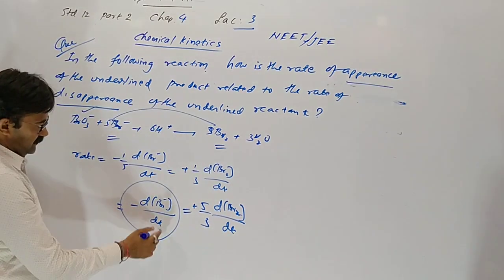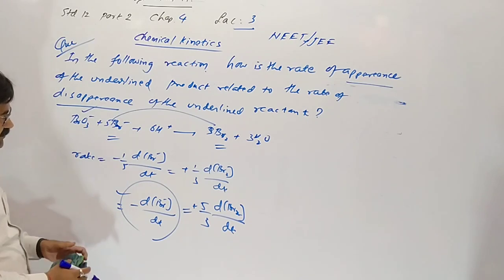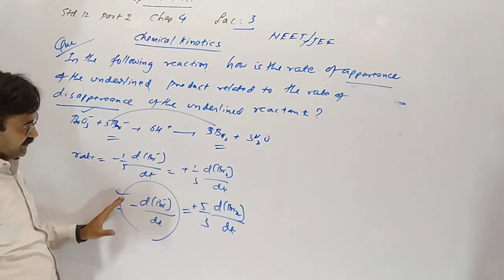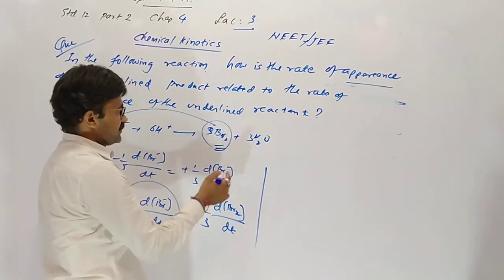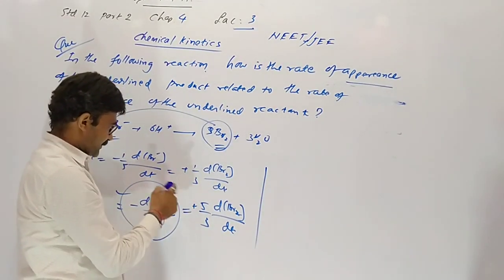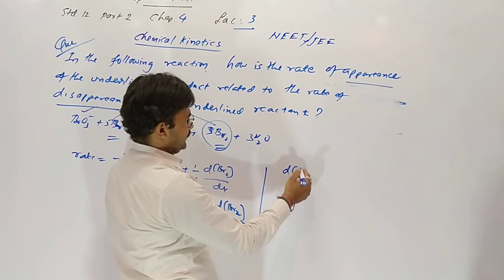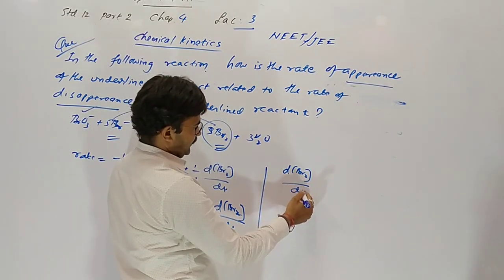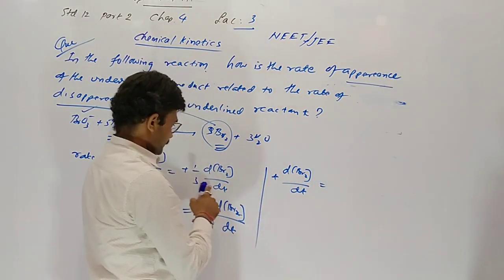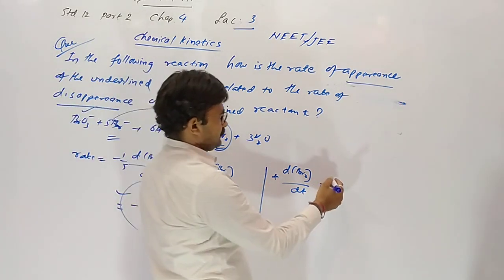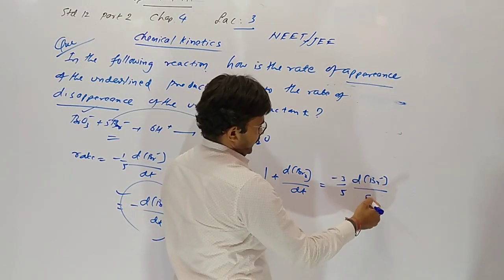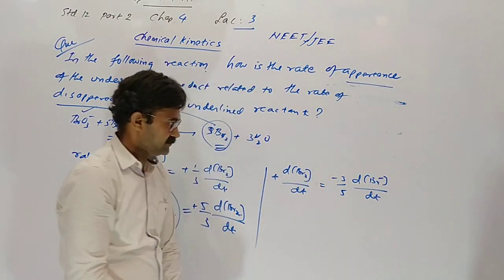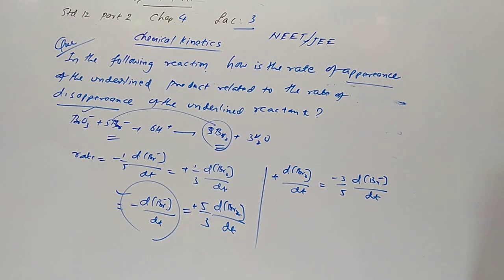This is the rate of appearance using the rate of Br minus as reference. Now from this equation, 3 d[Br2] upon dt, 3 comes here, minus 3 by 5 d[Br minus] upon dt. This is our answer.